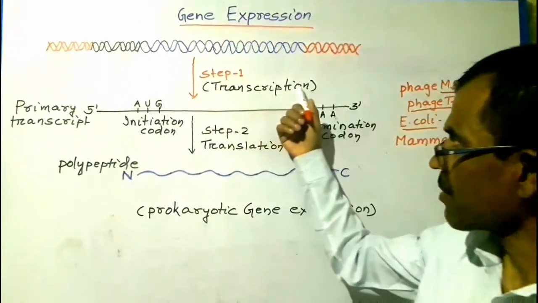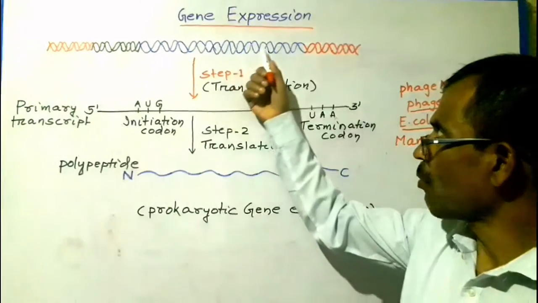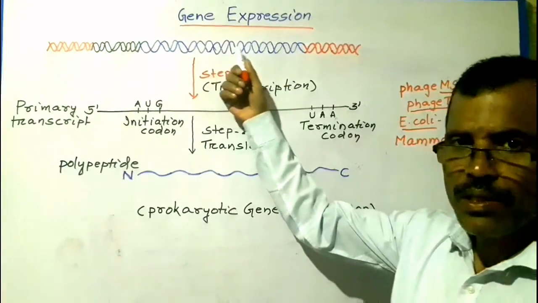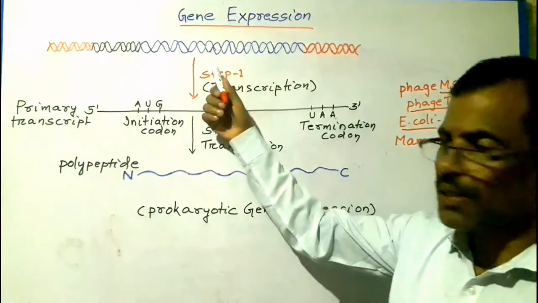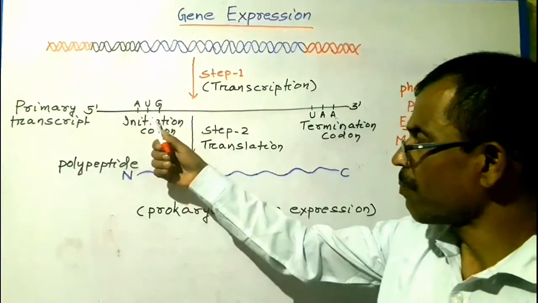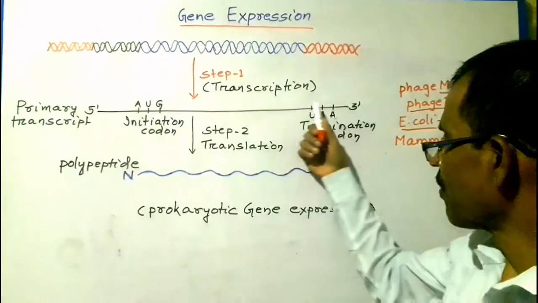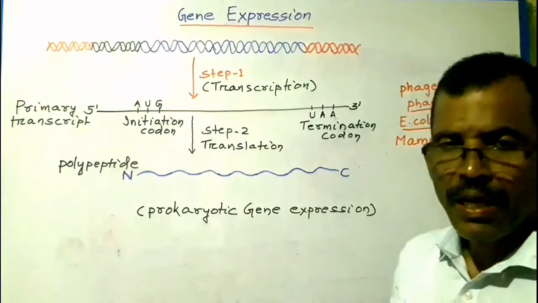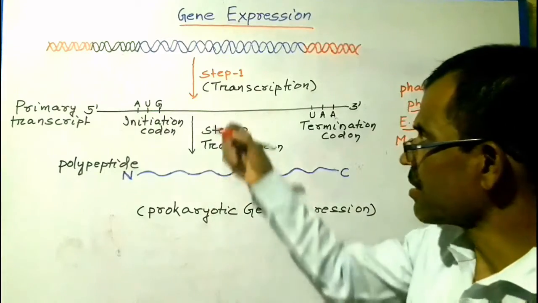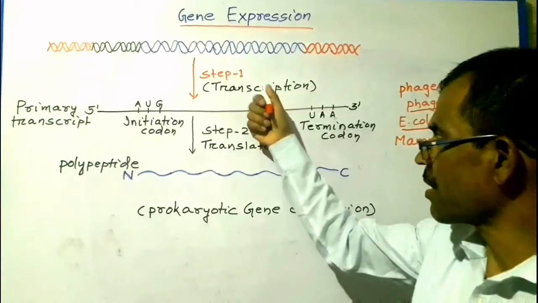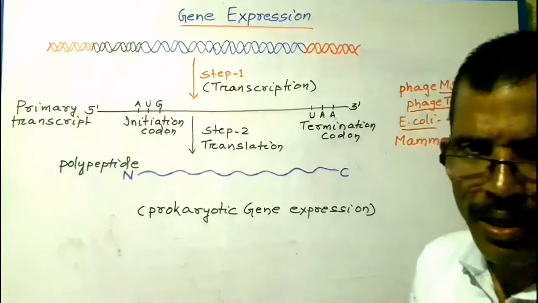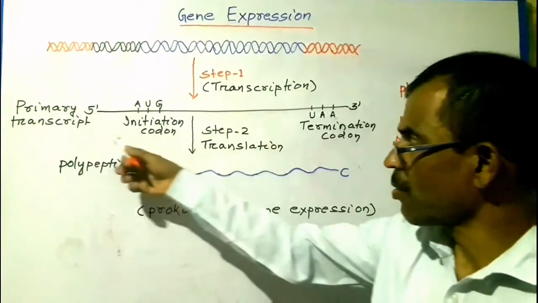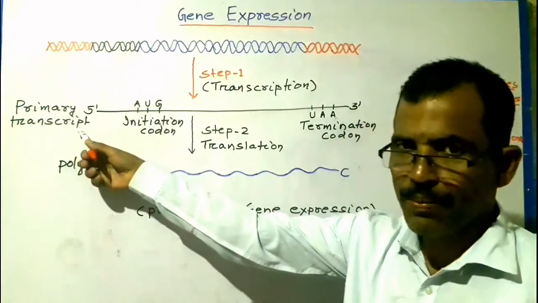In the process of transcription, only one strand of a double-stranded DNA molecule is used as a template for the synthesis of a complementary strand of RNA. The main enzyme involved in transcription is RNA polymerase, and the product of transcription is known as the primary transcript.